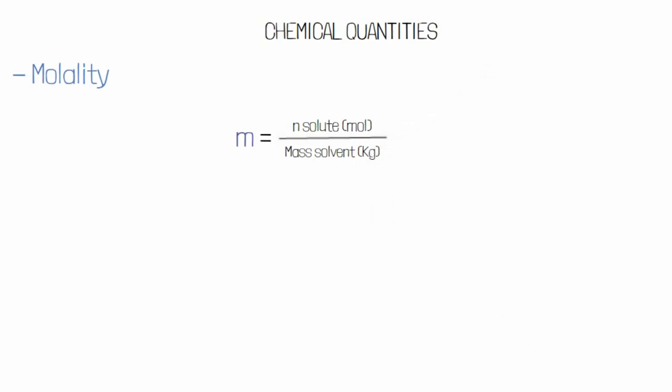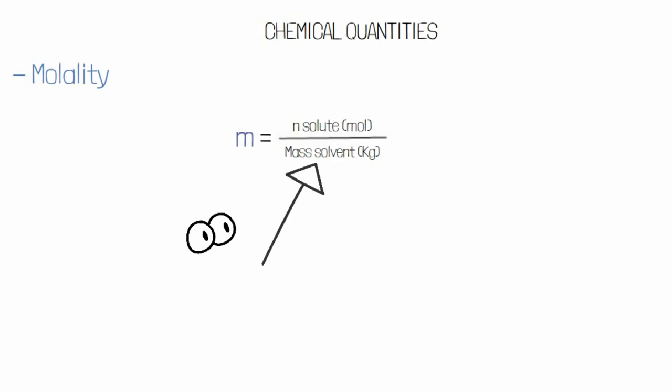This concentration is an exception because this is the only concentration which has solvent on the bottom. All the concentrations we have seen before and also will see after have solution on the bottom, okay? So this is really a unique one. Molality is the unique concentration which has the solvent on the bottom.